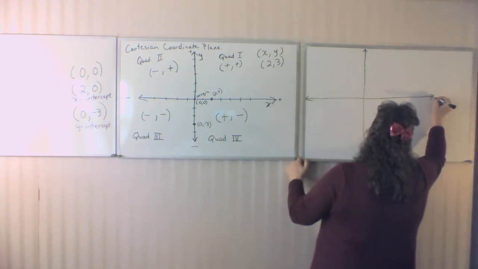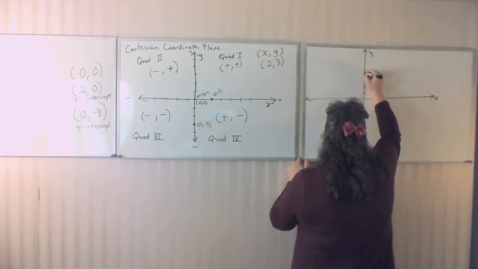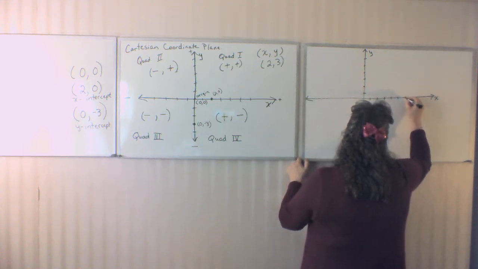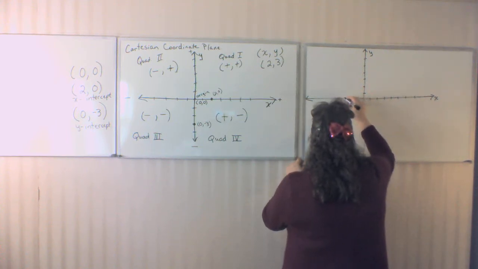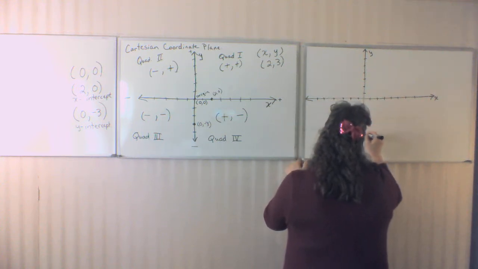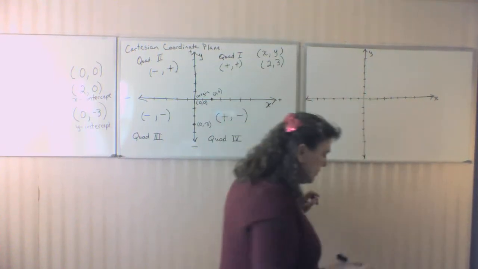This one is X, and this one is Y, and it takes a little time, but we're going to have to mark it. And the very first thing you were asked to do in your homework, we're going to do it together.